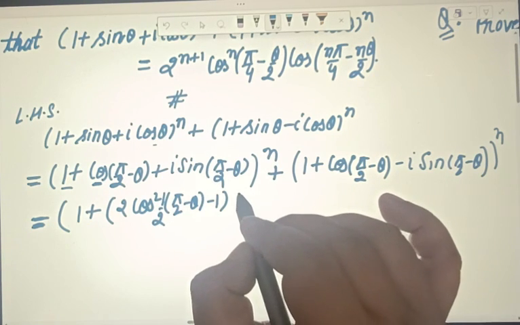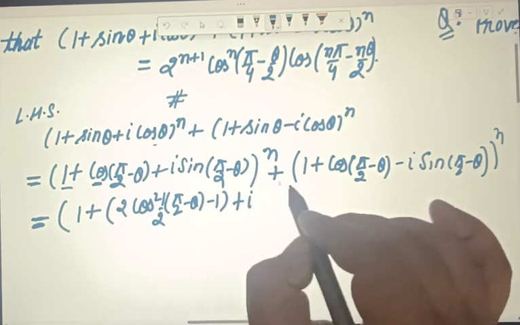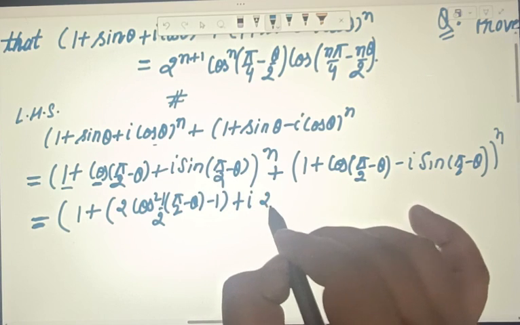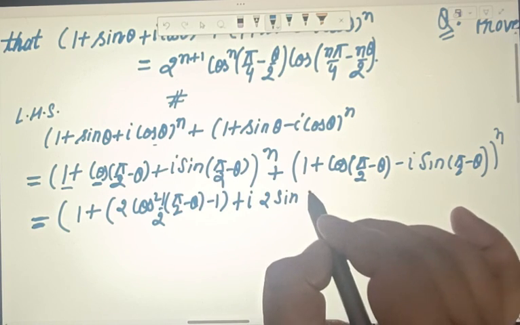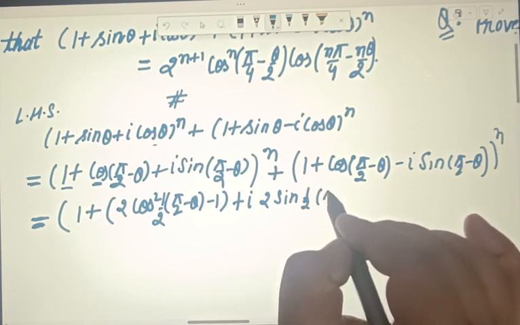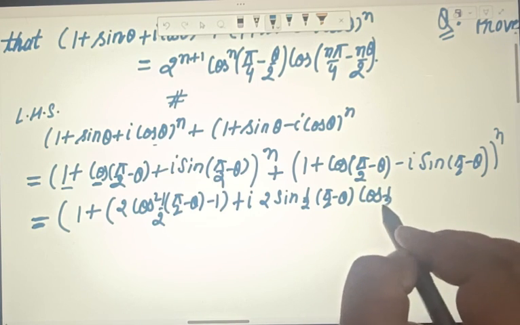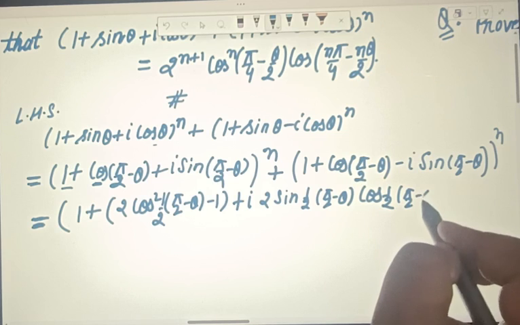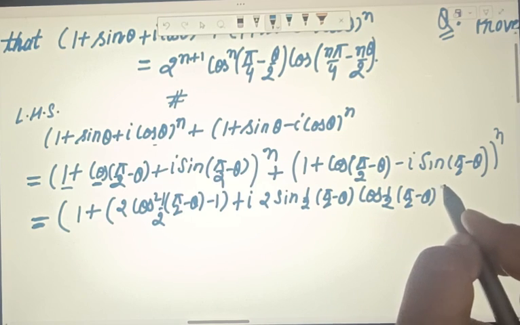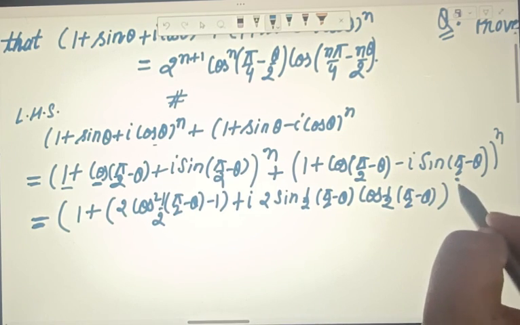Now plus i, in place of sine, you can write sin((1/2)(π/2 − θ)) and cos((1/2)(π/2 − θ)), similarly to the whole power n.